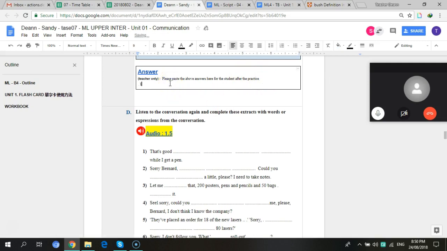So they speak more slowly. They speak slower, right? Or you can also say they speak slower than the first conversation.